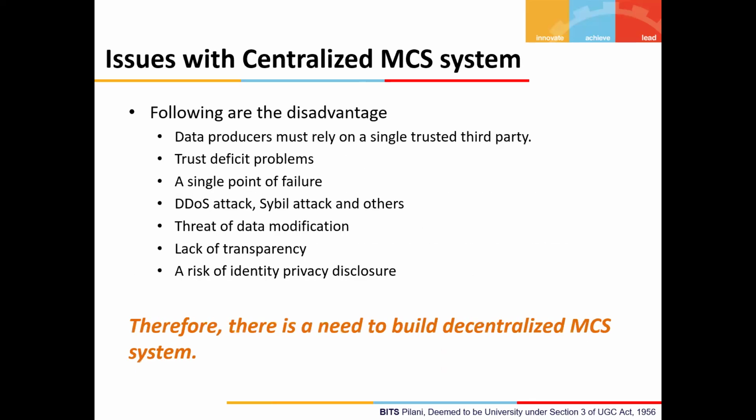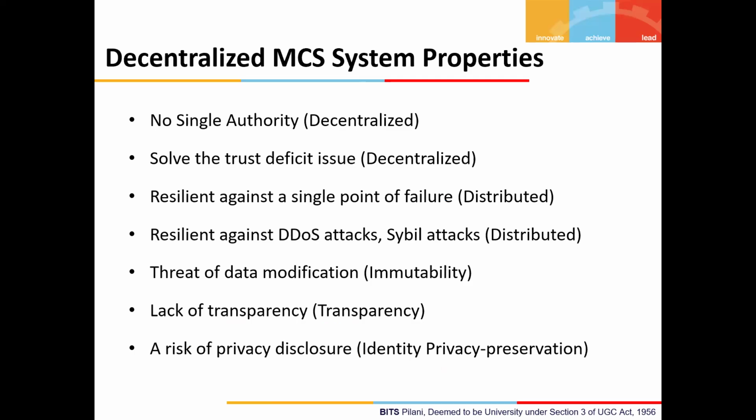So we need to go to the blockchain in order to solve these problems. Right. So decentralization will ensure that there is no single authority. So it will create the trust among the parties. Right. And it is resilient against a single point of failure because of the distributed nature of blockchain.